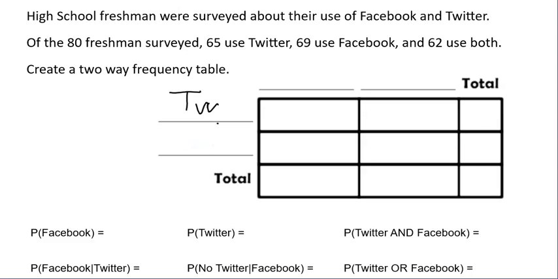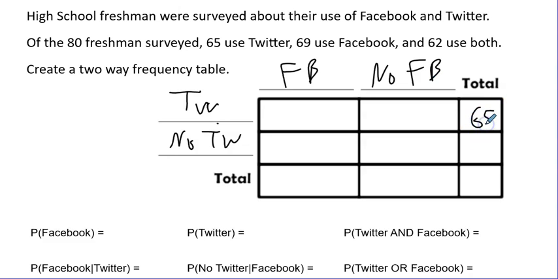Since we just have two medias, it would be Twitter, no Twitter, Facebook, no Facebook. Okay? Now, it says 65 use Twitter. That's the total for Twitter. 69 use Facebook. That's the total for Facebook. And 62 use both. Twitter and Facebook will be 62. Now there's 80 freshmen surveyed, so that's the total there. And now you just fill in your numbers.